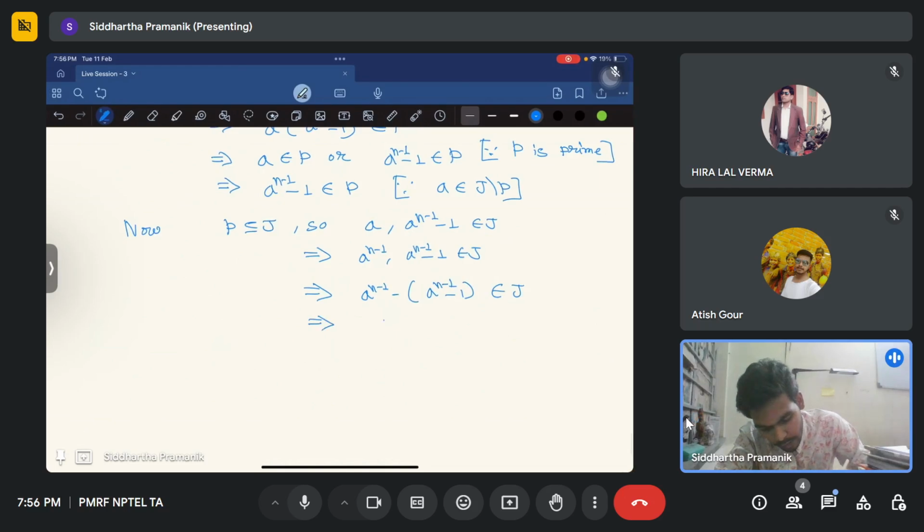So that will imply 1 belongs to J. Now 1 is a unit. If a unit belongs to J, then that ideal has to be the whole ring. So that will imply J equals R.